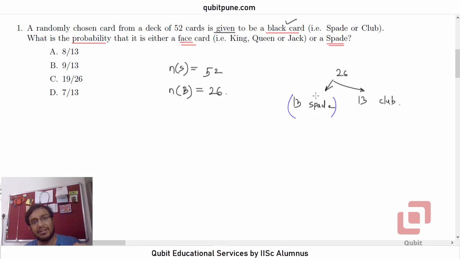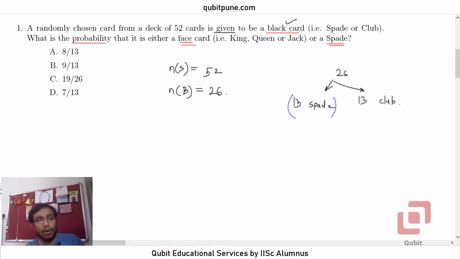Now how many face cards are there corresponding to each suit? There are 3 of them: a king, a queen and a jack of a spade card, a club card, a heart card and a diamond card. In sets, when we take union, we do not count the repeating elements twice, which means the face cards of spades will already be counted in those 13 cards.